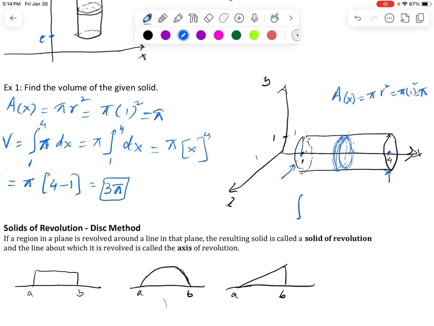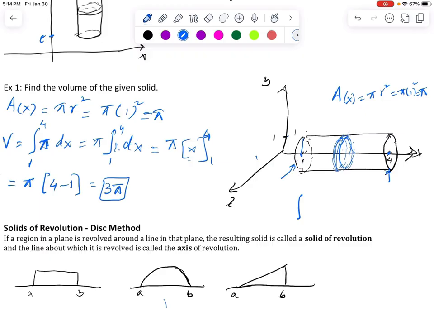Now integrate from 1 to 4 pi dx. Pi can be pulled out because it's a constant, so we are left with pi times the integral from 1 to 4 of dx, and this gives you pi x from 1 to 4. When you plug in the limits, we get pi times 4 minus 1, which is equal to 3 pi. So the volume of this cylinder is 3 pi.